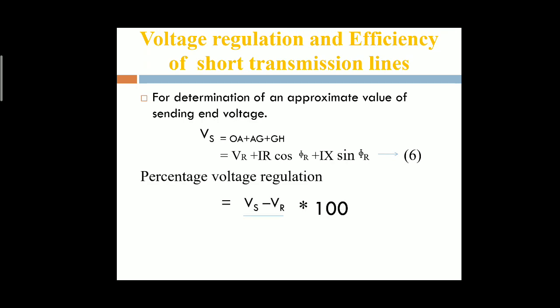Therefore, the percentage voltage regulation is equal to Vs minus VR by VR into 100. Substitute this Vs value in this equation.